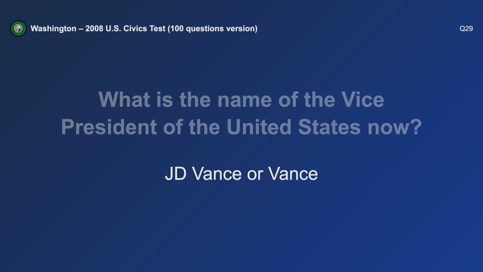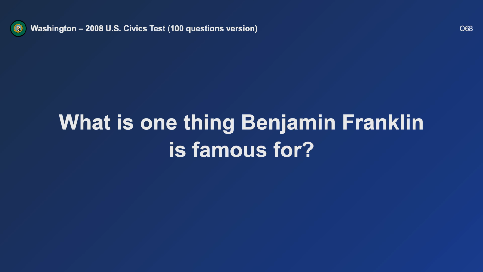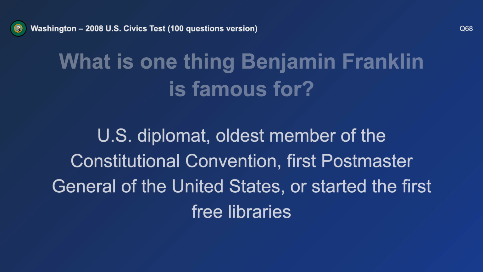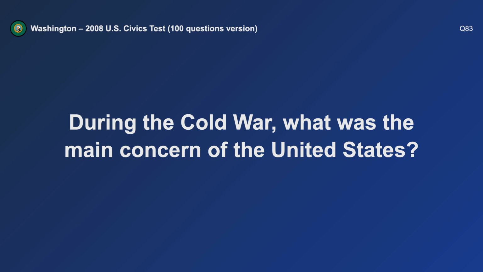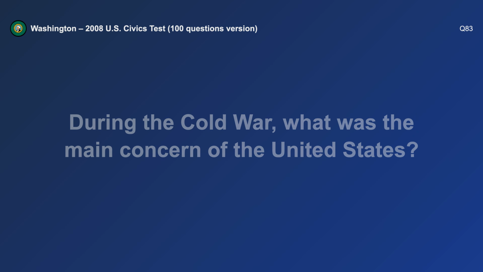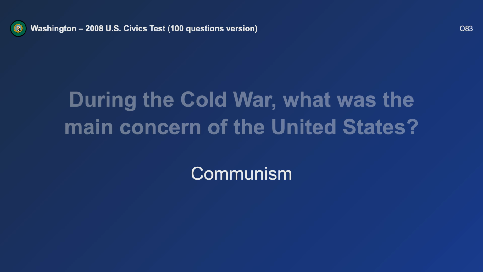What is the name of the Vice President of the United States now? J.D. Vance. What is one thing Benjamin Franklin is famous for? U.S. diplomat. During the Cold War, what was the main concern of the United States? Communism.